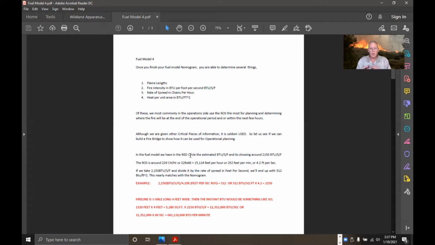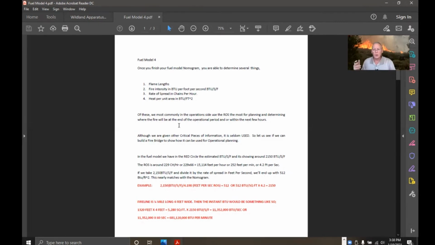So although we're given other critical pieces of information, it's seldom used, okay? Like the BTU per second per foot. I've talked to several folks that were taught that you get the fireline intensity to get an idea what your fire's doing, but then once you get that number in BTU per second per foot, you don't really do anything with it.